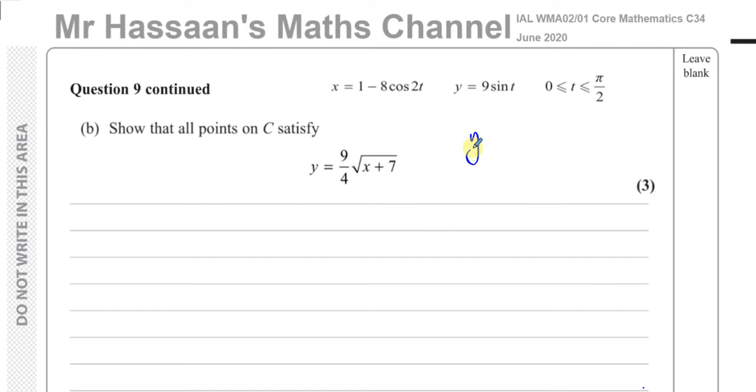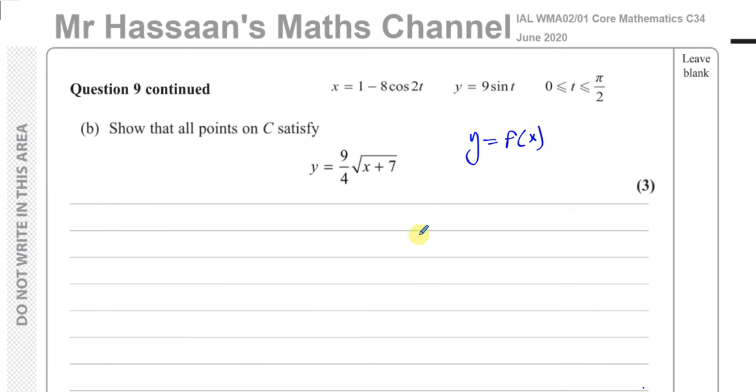Cartesian form is when you have y equals some function of x, just in terms of y and x and nothing else. Okay, just y's and x's, no t. So we've got to remove the t from these equations and express it in this form. Now, because they gave us the answer, we have to basically make sure that we show the steps very, very carefully.